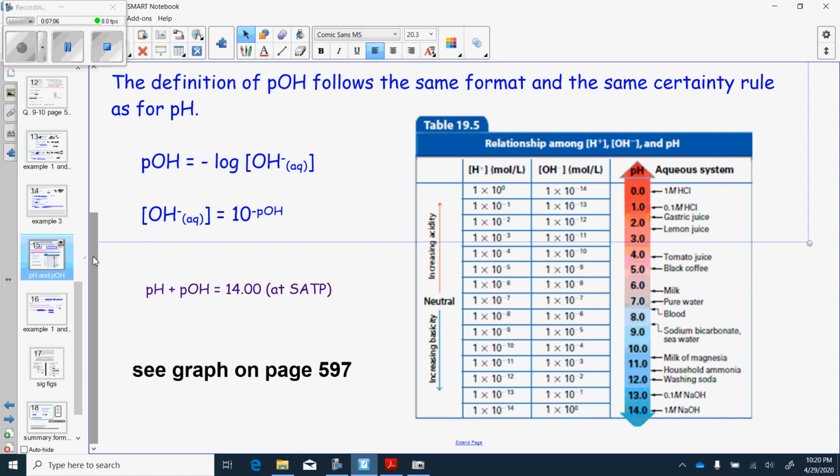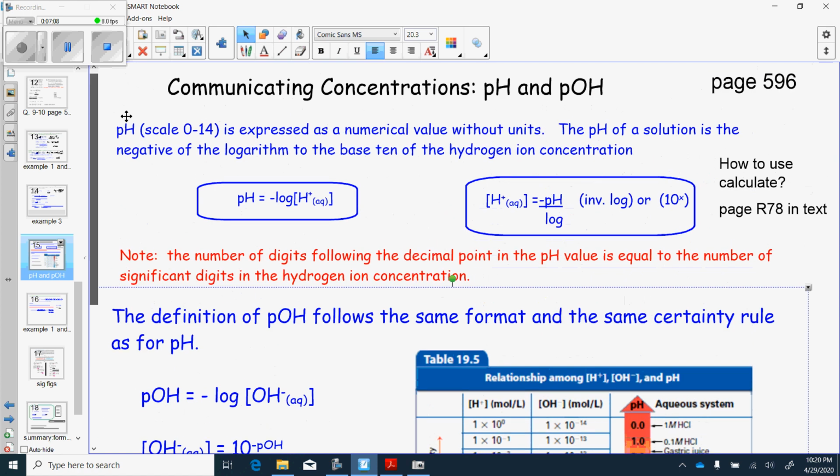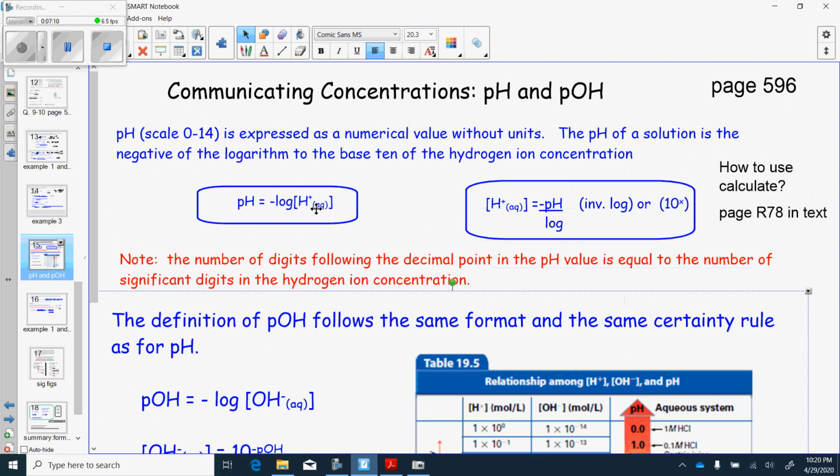If you look at the formulas, this is how we can move from H positive to pH, okay? It's also true when you look at OH. So you can have a pOH scale or you can have a pH scale. The pOH is when we're comparing to the hydroxide concentration, and it's negative log times the concentration.